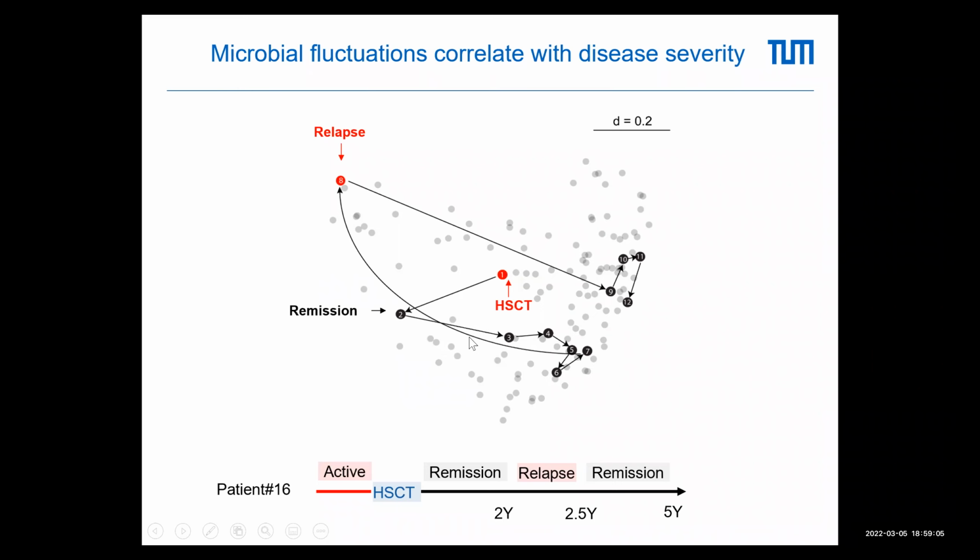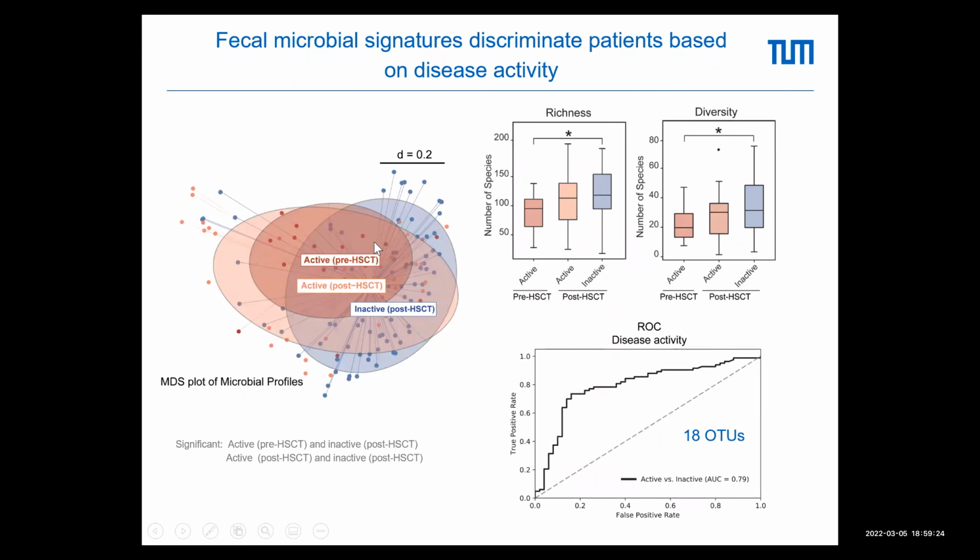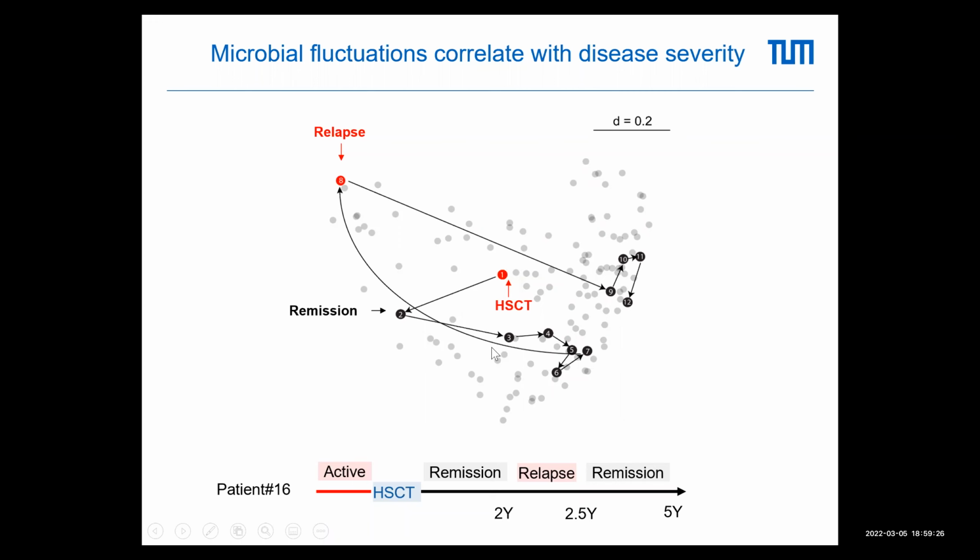There were some changes here, but they were not so dramatic. And then here at time 0.7, the patient relapsed. I hope you can appreciate how big the change is between time 0.7 and 8. There was a dramatic shift in gut microbiota composition when the patient relapsed.